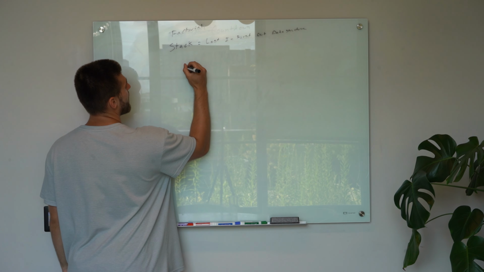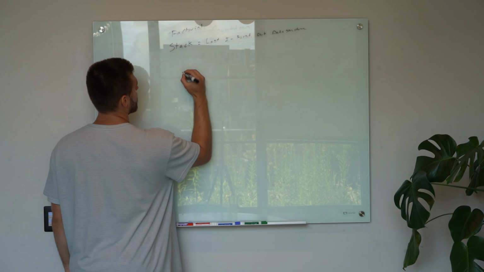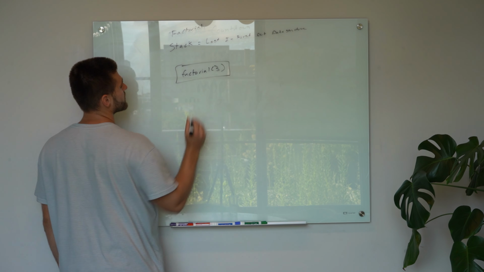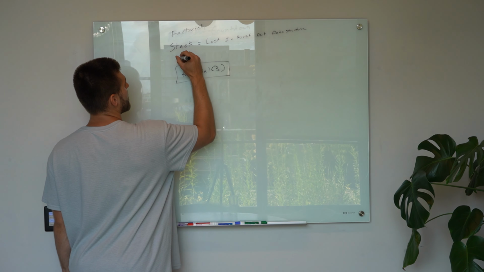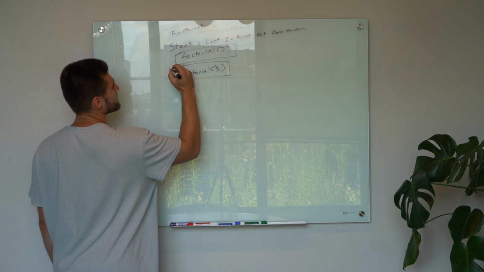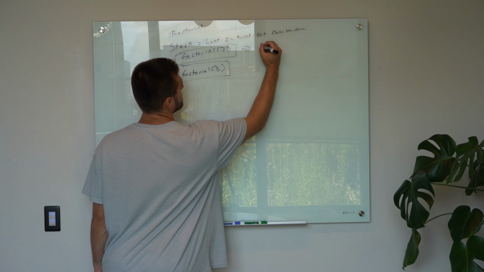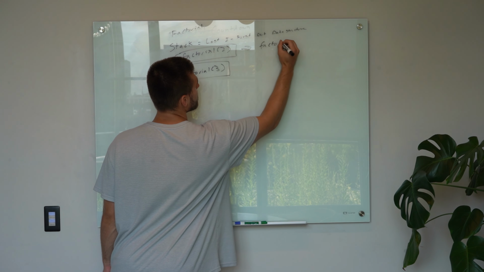So again, if we have a factorial of 3, this would be appended to the stack. Factorial of 3 has a dependence on factorial of 2. Factorial of 2 has a dependence on factorial of 1.